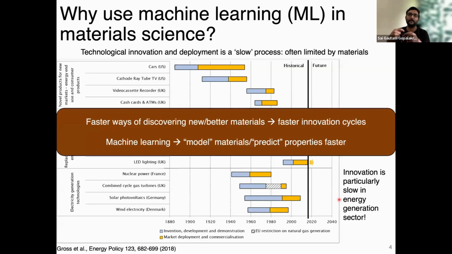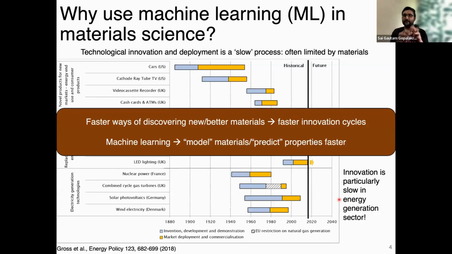And this is where machine learning can play a key role, because using machine learning, you can actually model materials a lot better. So understand the behavior of a specific material a lot better. Or you can also predict properties of a wide range of materials a lot faster. Thereby, you can try to see which materials are more promising compared to the others. So machine learning can play a key role in trying to accelerate this whole innovation process.